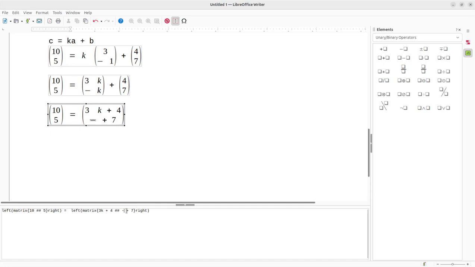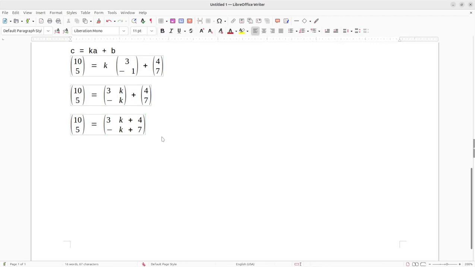Sorry, it's -k, this one. So let me try using the second equation. 5 is equal to -k plus 7, which in turn tells me if I take 7 to the other side, -2 is equal to -k, which simply means that k is equal to 2.